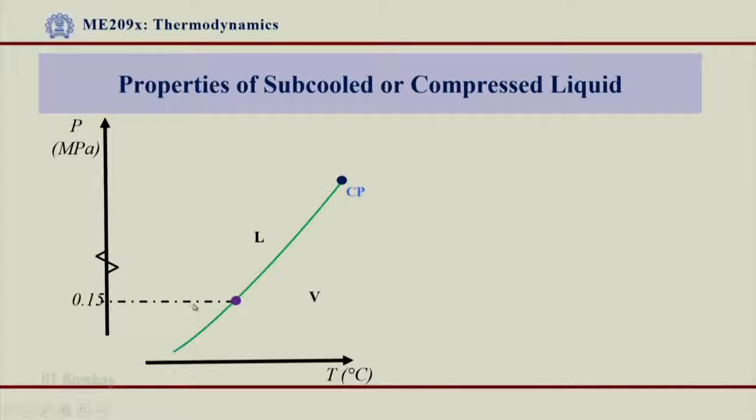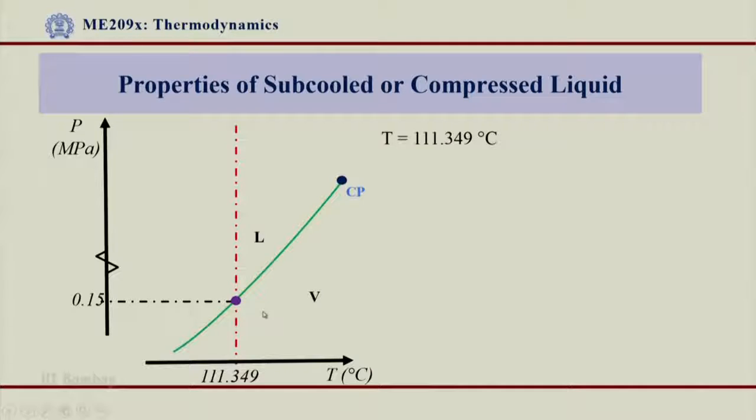Now, let us look at a specific pressure case which is 0.15 MPa. One can take any pressure, but I have just taken 0.15 MPa as an example. Corresponding to this, if I want to find out the Tsat value, I will just refer to table number 2 and get the corresponding temperature value, and this temperature value happens to be 111.349.